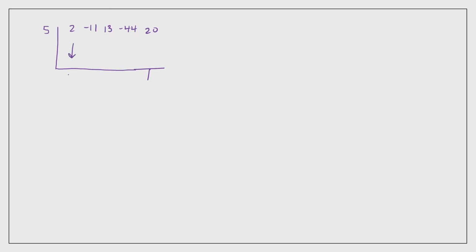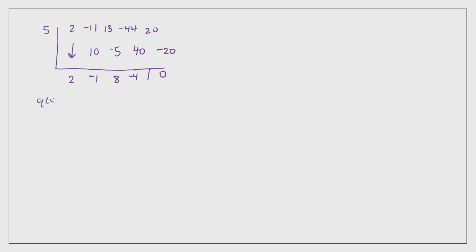So bring down the 2, multiply, add, multiply, add, multiply, add, multiply. Oh yeah, 5 is it. Okay, so our remainder is 0. So we know 5 is a zero of our polynomial function.